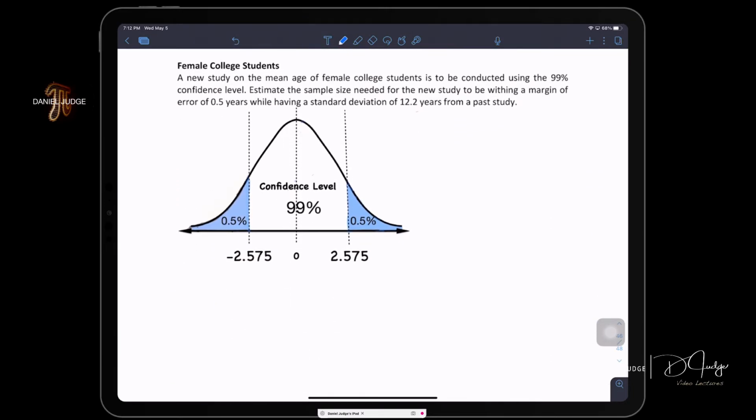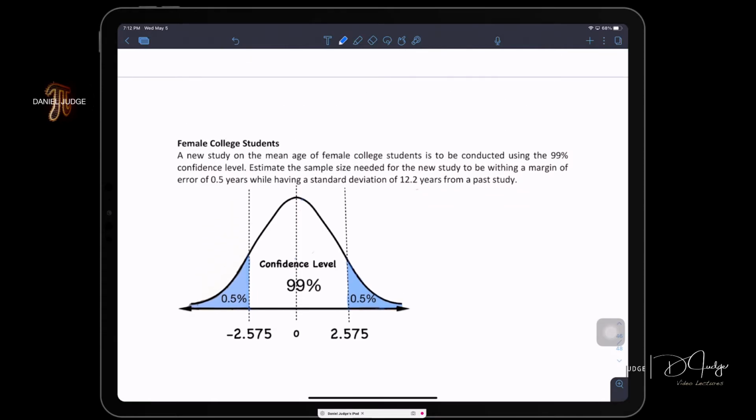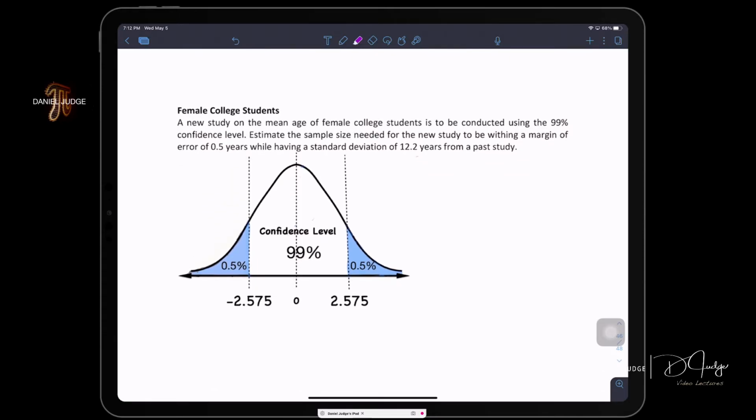Okay, this is another new study, female college students. This study is talking about a mean.